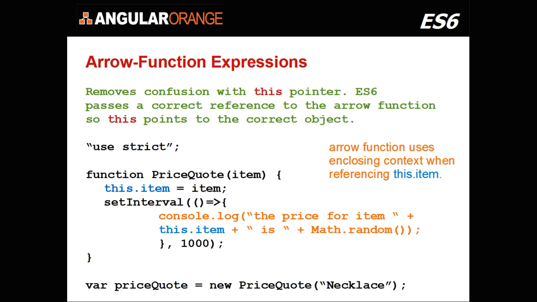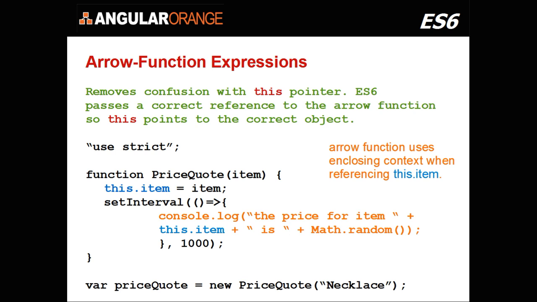So this within the arrow operator for ES6 will point to the correct object and the correct item of this object, whereas it could possibly point to the window object or any other object, and this makes our asynchronous code much more robust. So this arrow function uses the enclosing context when referencing this dot item.